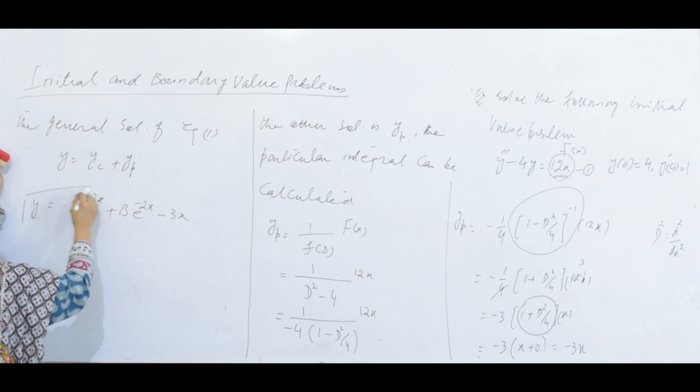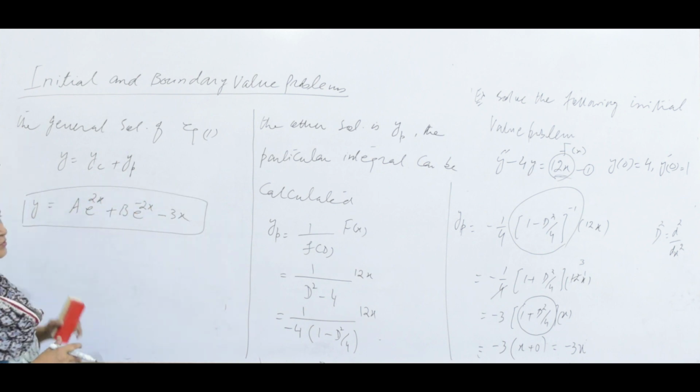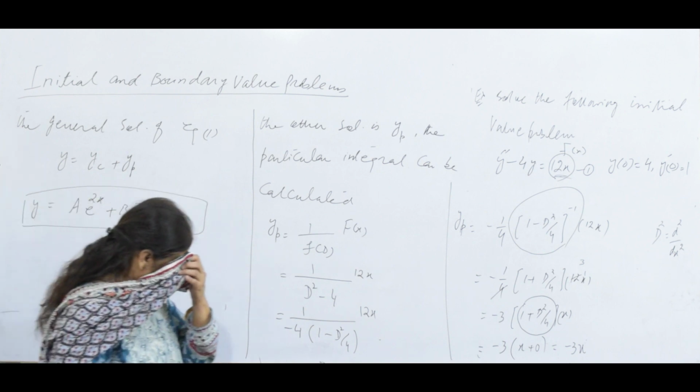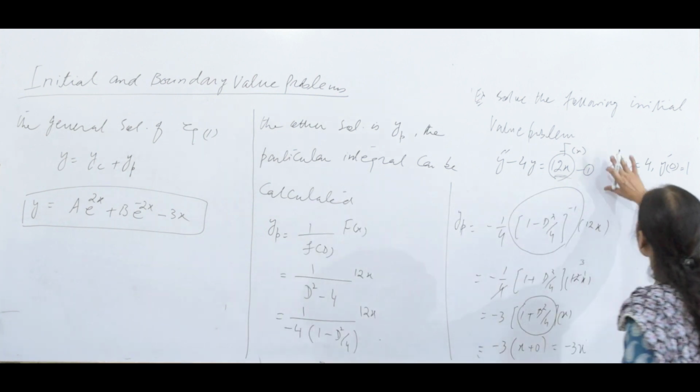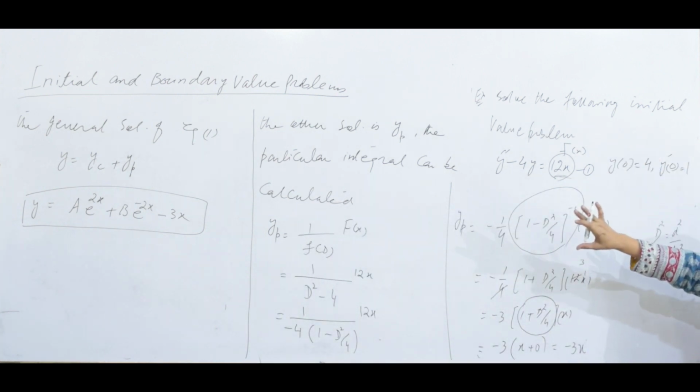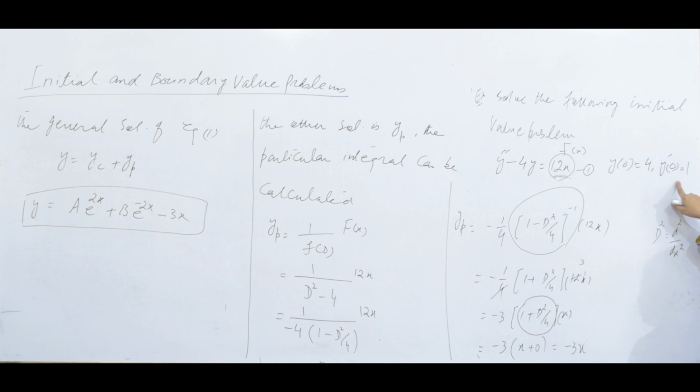This is your y. This is the general solution. And if I am not writing the conditions, that will be the solution. But since the conditions are there, it means you have to find the value of a and b. So here this is your x and this is your y. And this is your x and this is your y prime.